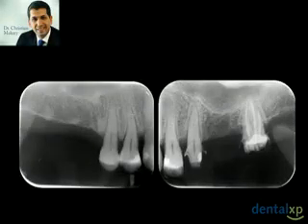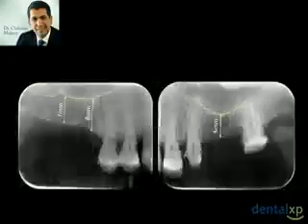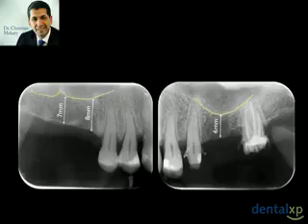In this case, for example, that fits with the classical indications for internal or crestal elevation, we have residual bone that varies from 6 to 8 millimeters below the sinus.